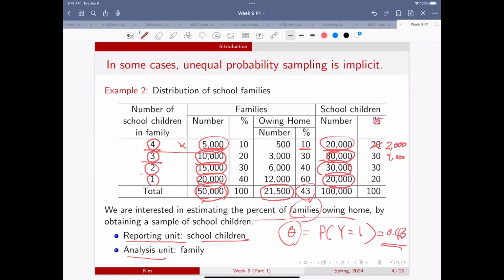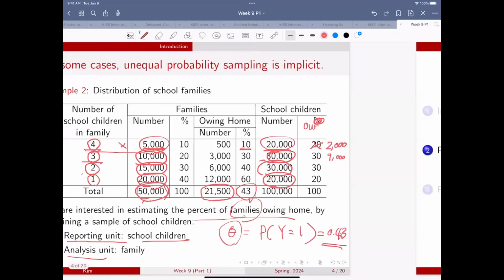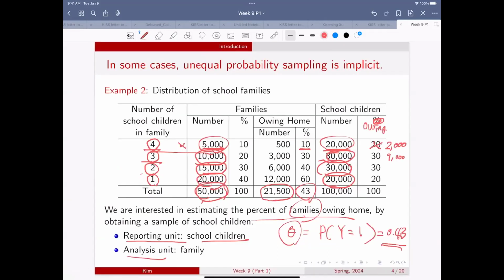I'm talking about the number of children living in an owning home. So among the 20,000 we got 2,000; among the 30,000, 9,000. Now we have a 40%, so that means 12,000. Now we have another 12,000.